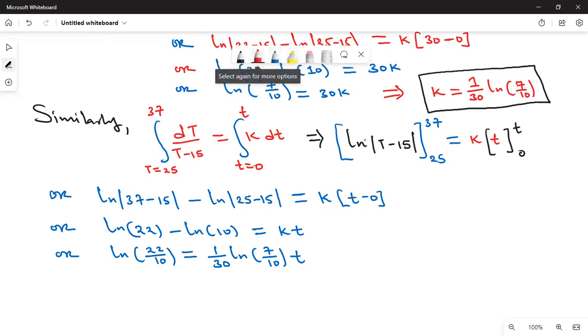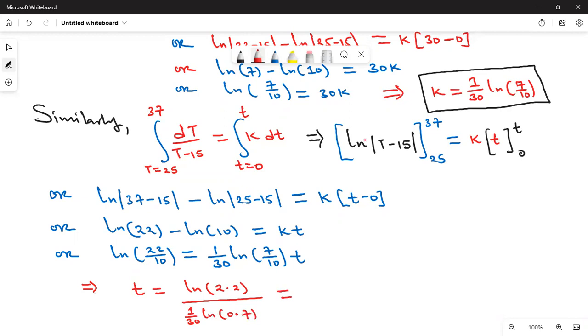From here, the t that we want equals ln of 22 over 10, which is 2.2, divided by 1 over 30 times log of 0.7, that's 7 over 10.